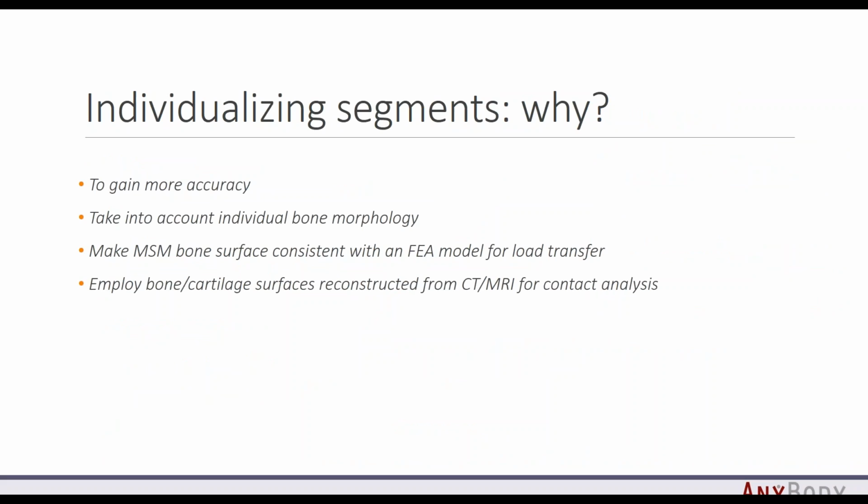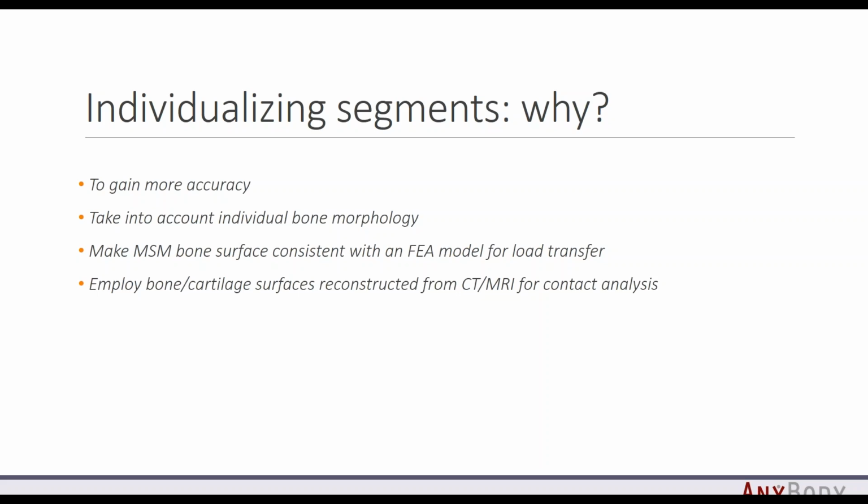So we can continue, and we can now switch to the individualization of the segments. Let me remind you why we do that. First of all, it is to gain more accuracy, and secondly, we can take into account individual bone morphology, and we can change the muscle moment arms and so on by applying this personalization scheme.